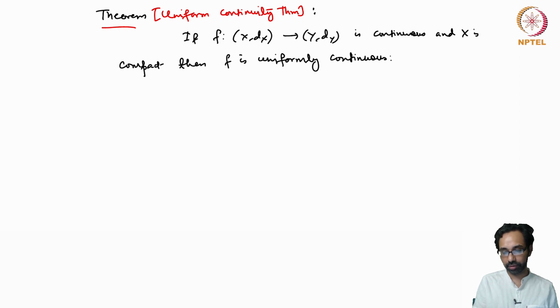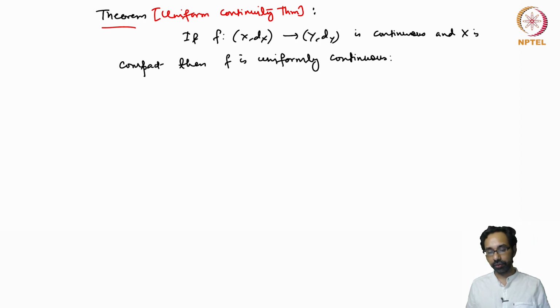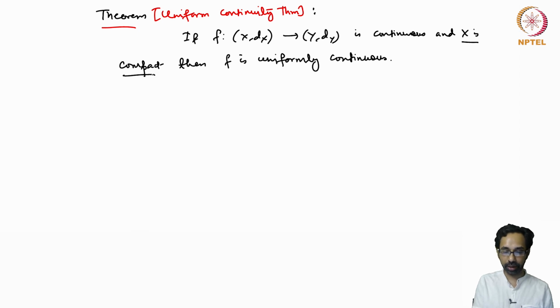Of course, a uniformly continuous function is continuous, but the converse is not true, and this theorem gives us a sufficient condition, a criterion for when a continuous function is uniformly continuous, and this is precisely when the domain is compact. So let us see a proof of this theorem.